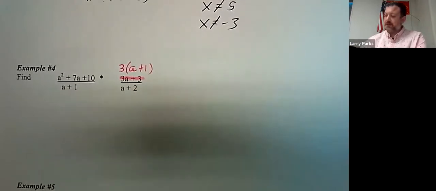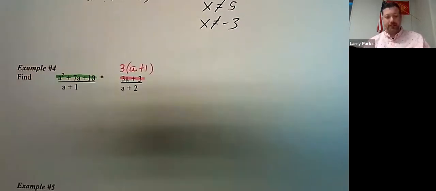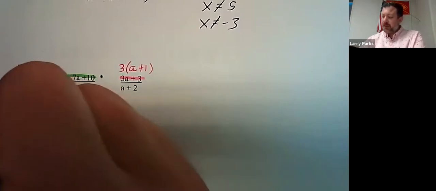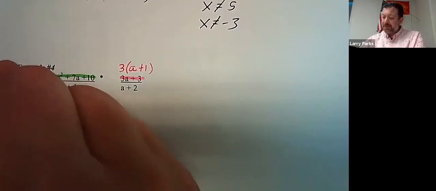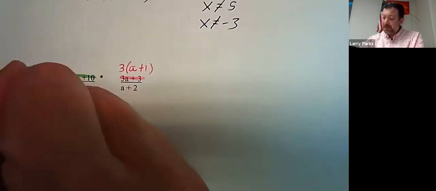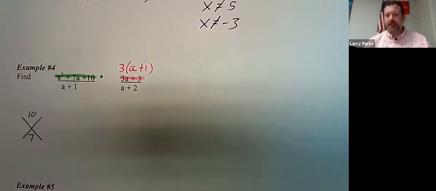This part factors. A equals 1 multiplies to 10, but adds to 7. That's 5 and 2. So this part makes a plus 5, a plus 2.